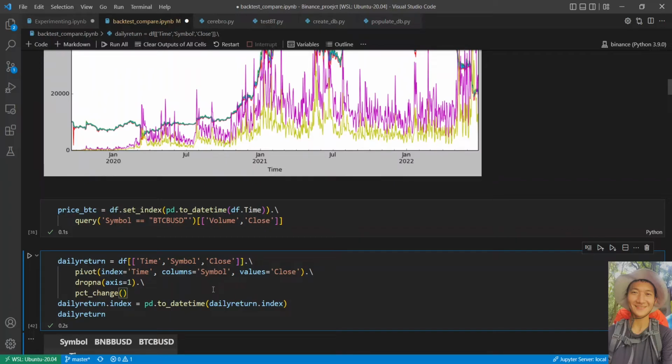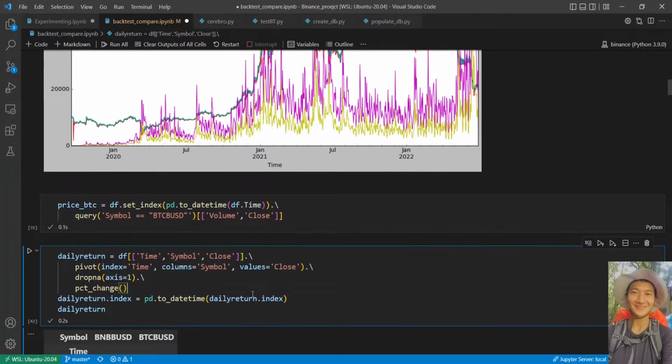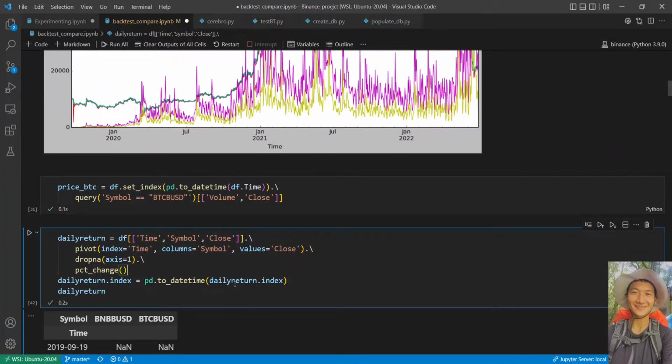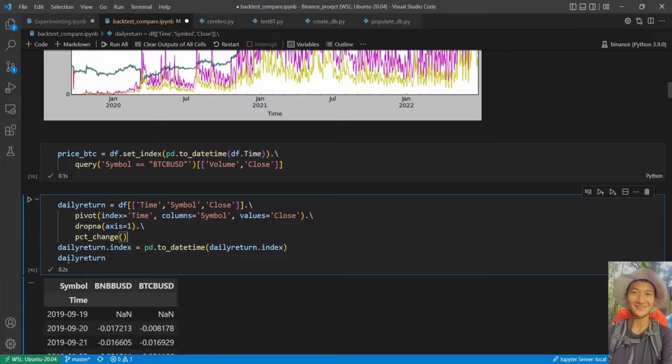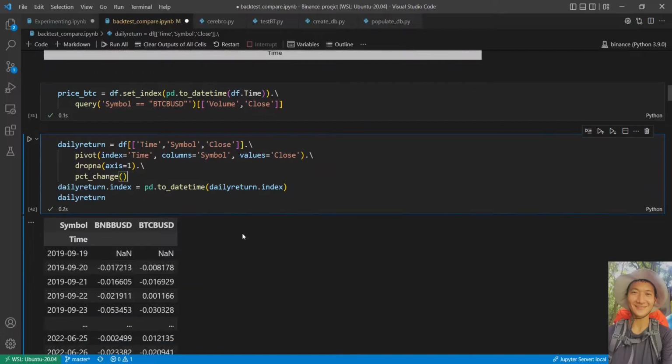Then I will drop all the NaN values in a column, which means that if there's any NaN value in any token, it is going to be dropped. Then I will do the percentage change to calculate the daily return, and store all the information in this daily return variable.